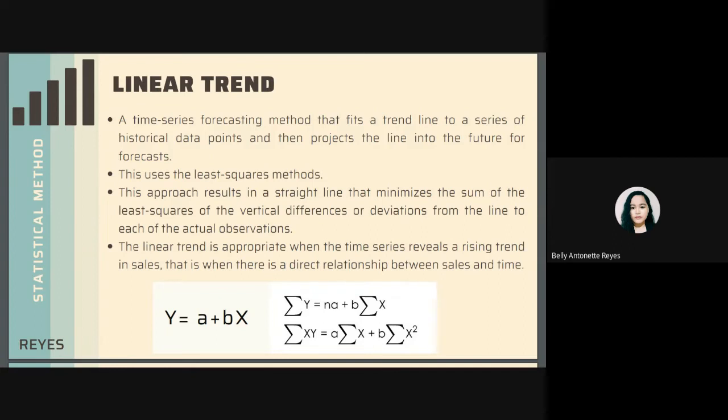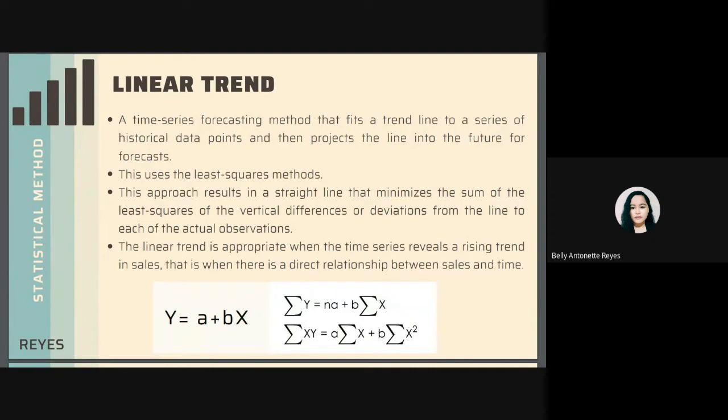This approach results in a straight line that minimizes the sum of the squares of the vertical differences or deviations from the line to each of the actual observations. The least squares line is described in terms of its y-intercept and its expected change, which is the slope. Hence, we have the equation y equals a plus bx.